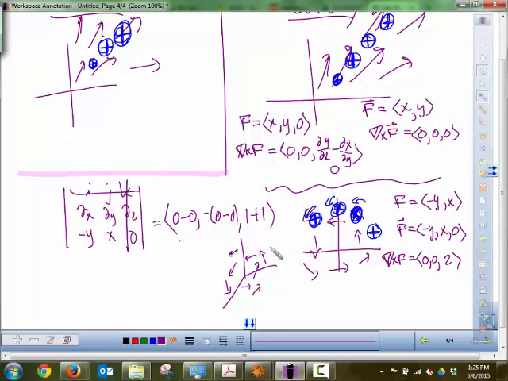This is a two-dimensional picture, but I'm looking at it from a 3D point of view. These arrows here are all flat on the xy plane. These circles over here are also all flat on the xy plane.